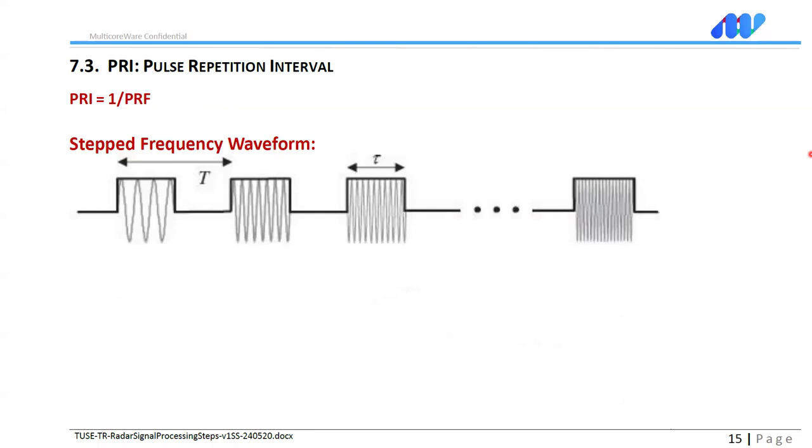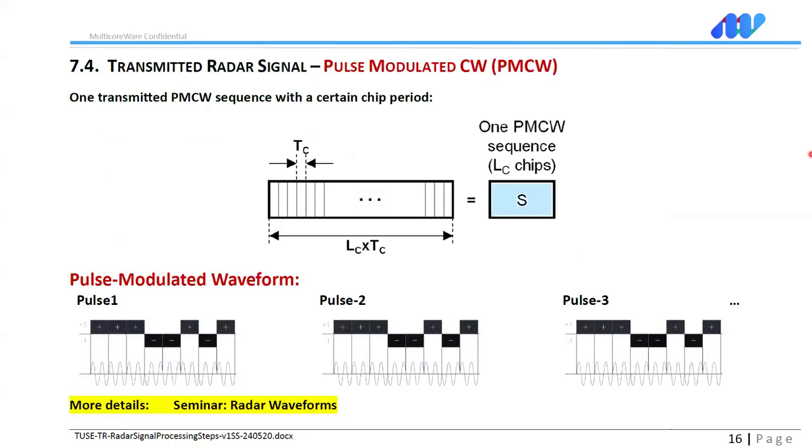Here on the figure, you can see stepped frequency. It's a hopping frequency radar. You can have the chirps, where each pulse is a frequency chirp, or as shown in this figure, you can have digitally coded continuous wave signals, where the signal is like a communication signal.